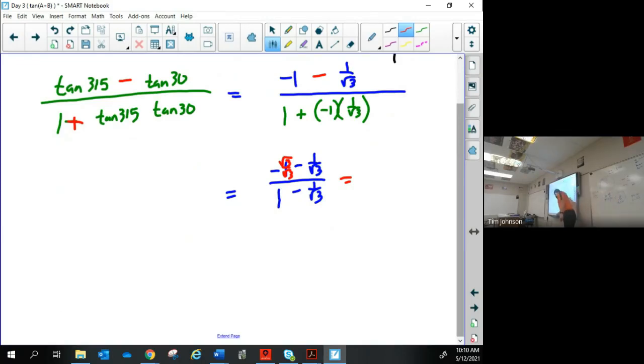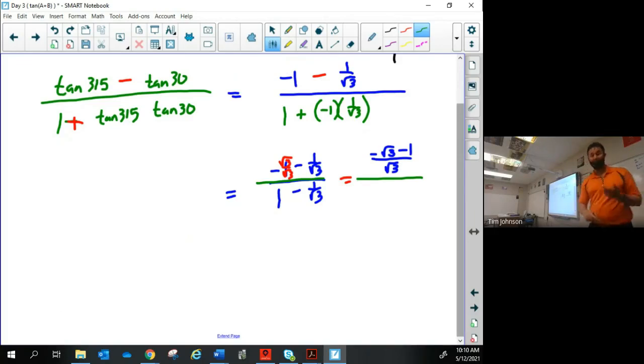So that numerator right there comes out to be negative square root of 3 minus 1 all over the square root of 3. That's what this numerator comes out to be, because in order to add fractions, you need common denominators.